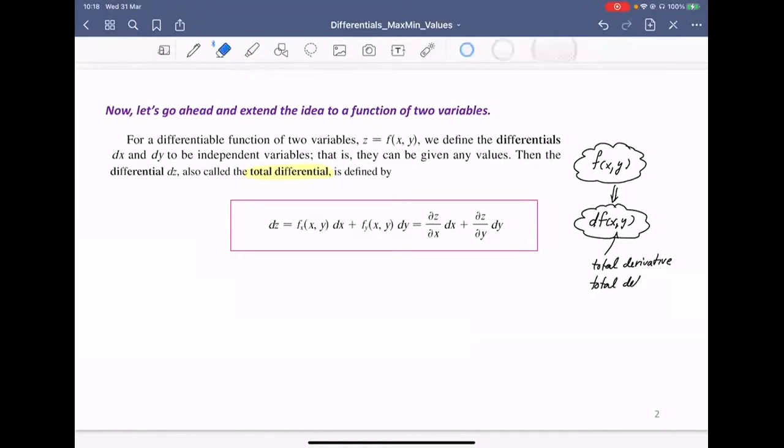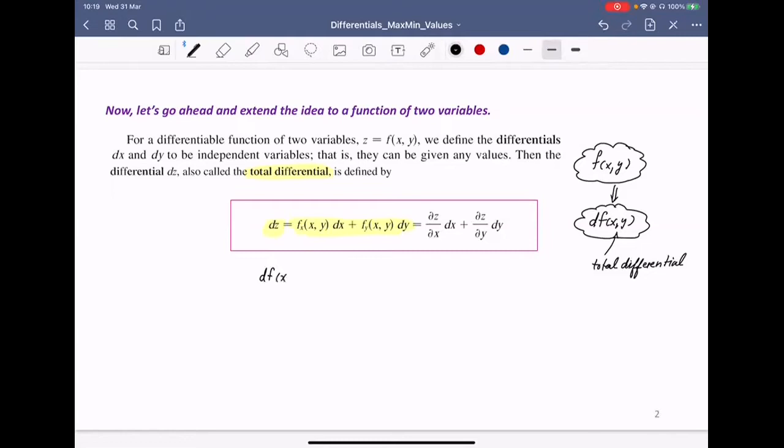Well, I think I'm going to use total differential because it is the same as in the book. So the total differential is defined to be, well, let's look at that. This is the definition of total differential. The notation is going to be dc or df, it doesn't matter. Sometimes you use df, sometimes you use dc, but I am more familiar with df.